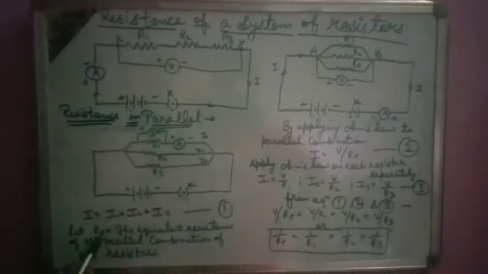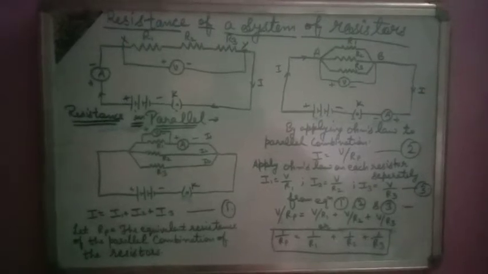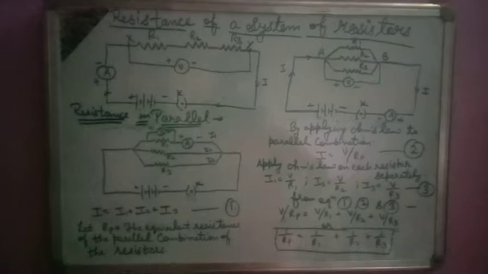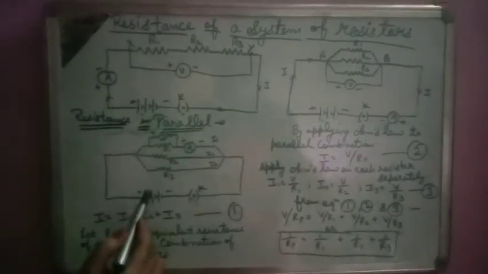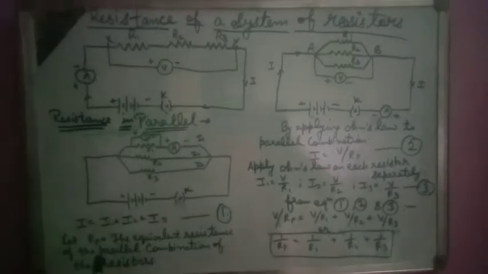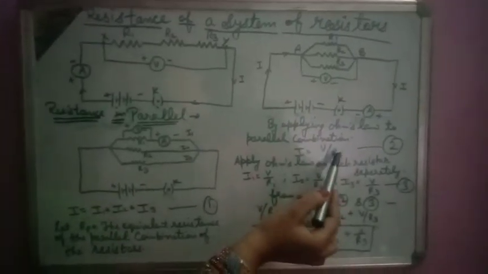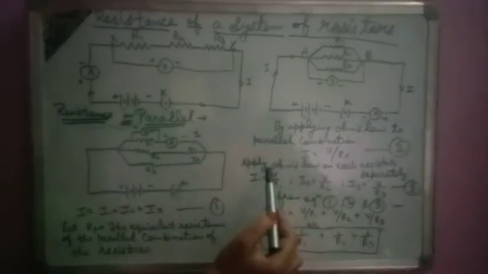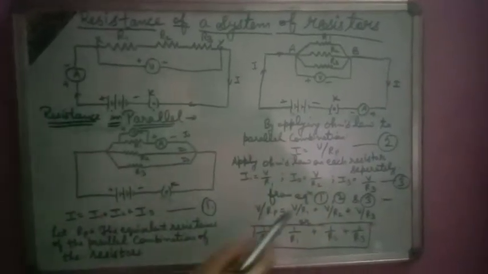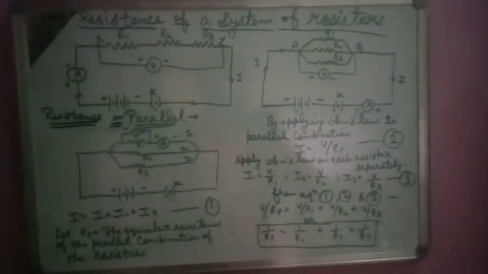Let us consider RP, the equivalent resistance of the parallel combination of the resistors. If I apply Ohm's law over the whole circuit, then the value of current I will be equal to V upon RP, where V is the total potential difference, I is the total current across this circuit and RP is the total resistance in parallel.